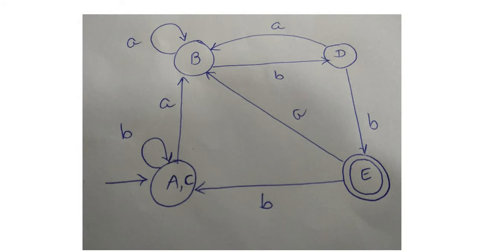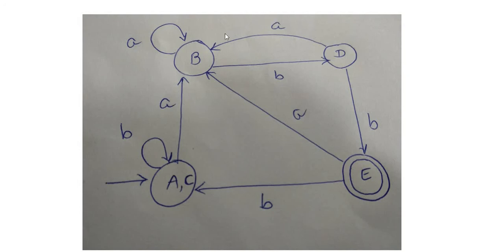Now from B on A it's B, and B on B it's D. Now C on A goes to B, and C on B goes to C, so it's a self loop.